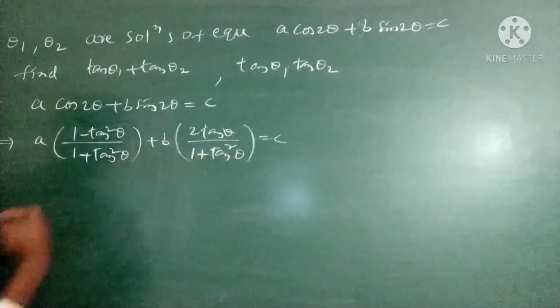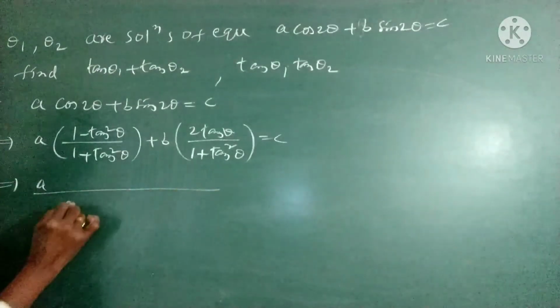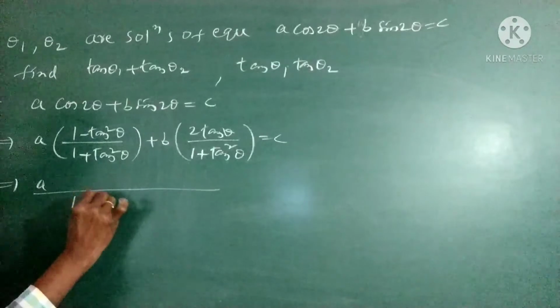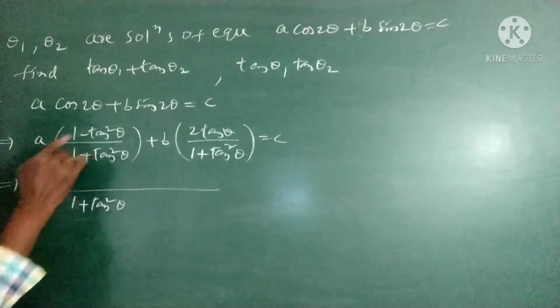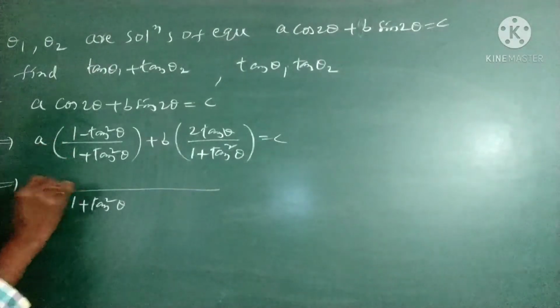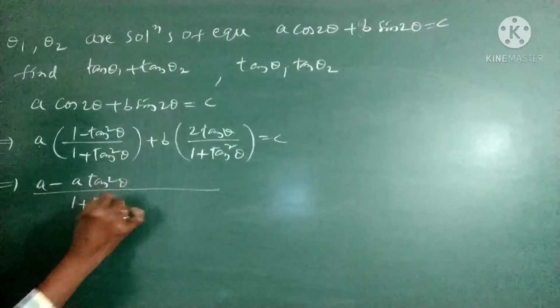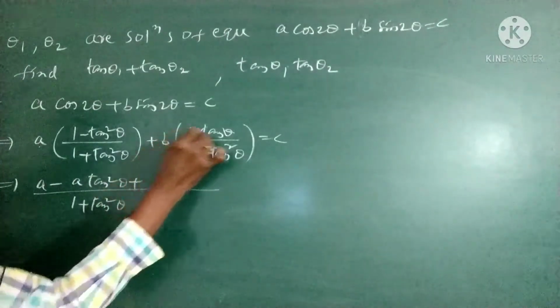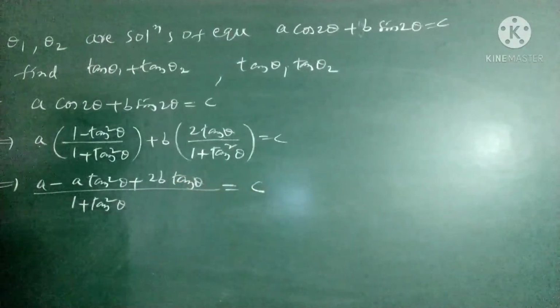Now take the LCM. Implies that take an LCM, the value 1 plus tan square theta. It is the LCM. After taking LCM, multiply inside. A into 1 is a, minus a into tan square theta, again plus 2b tan theta, which equals c.